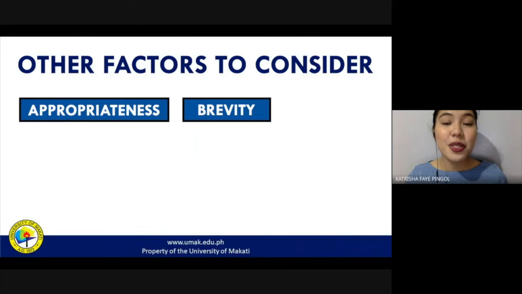Another factor to consider is brevity, or the way that we shorten our words. Being direct to the point, being concise, basically being straightforward about our message, our intentions, and the purpose of communication. Brevity is also your ability to avoid fillers.